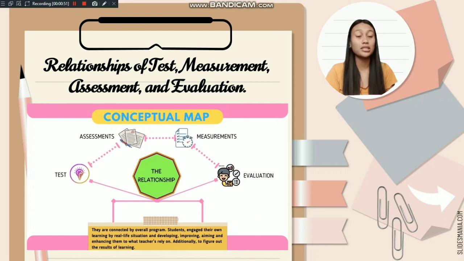It is a process designed to provide information that will help us make a judgment about a particular situation. So the relationship of test, measurement, assessment, and evaluation is the process the teacher does for the student to learn and to achieve the learning objectives of the curriculum.